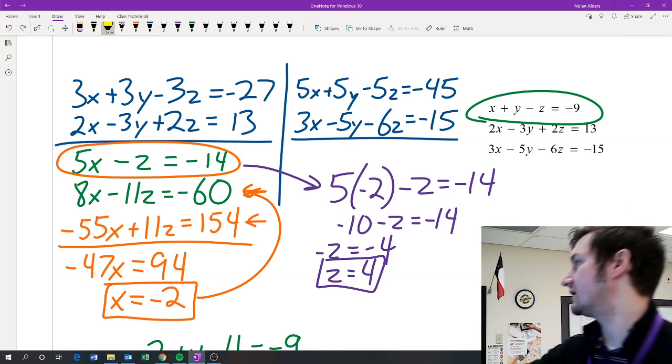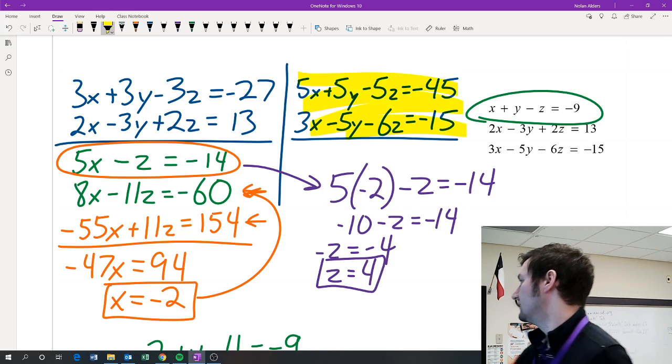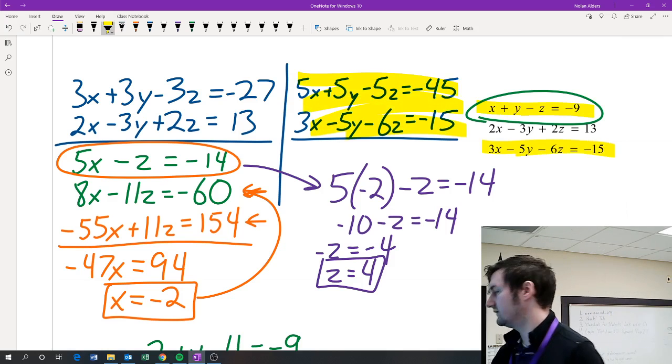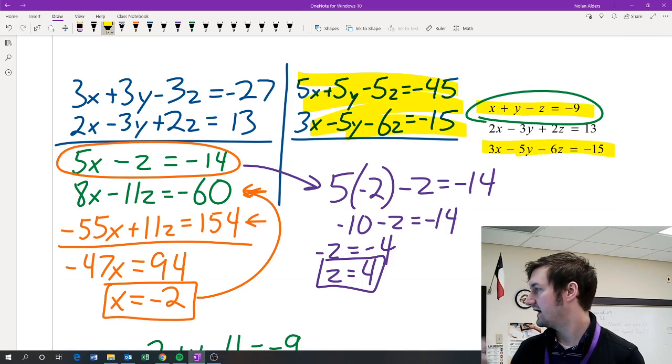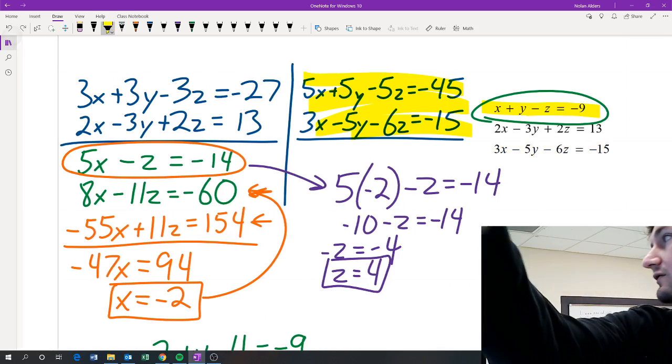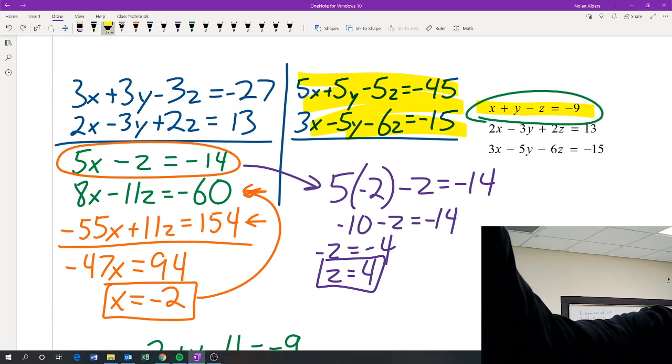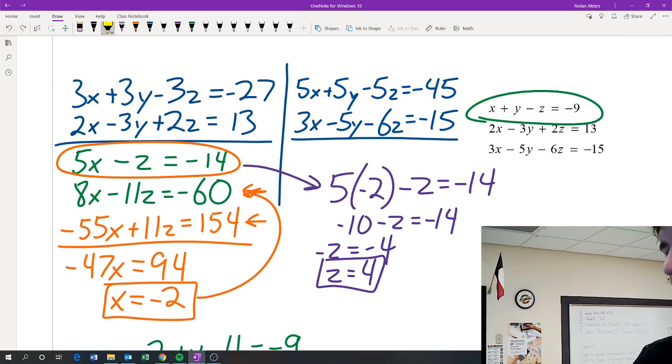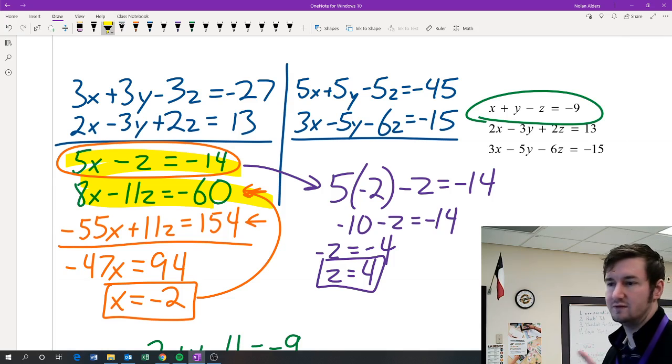Then we repeated the process with the first equation and the third equation, and again we eliminated our y's. So we got two new equations by doing those two eliminations.